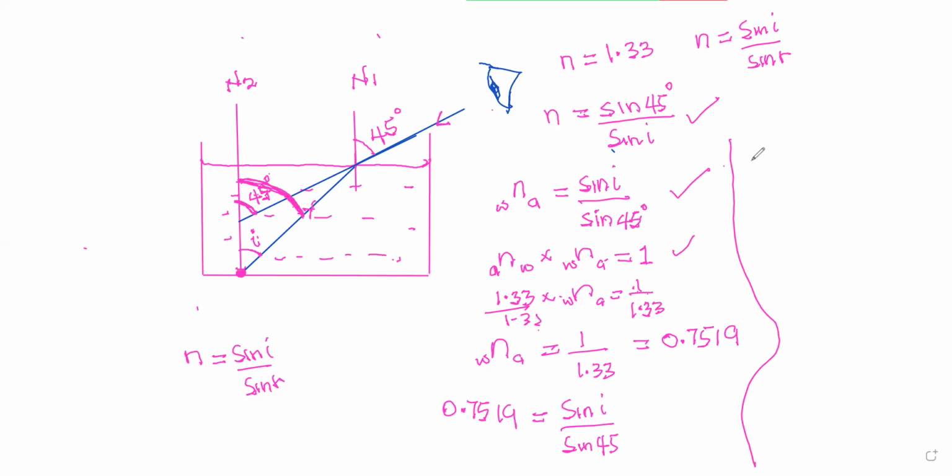So when we make sine I the subject, we have 0.7519 times 0.7071. Multiply this for me.